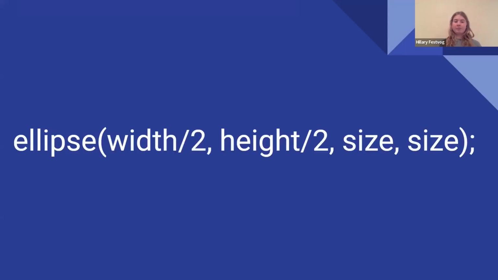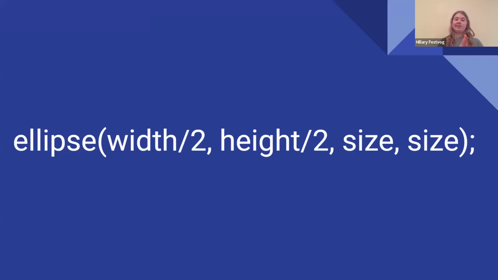Next, the ellipse. An ellipse is an oval or a circle. I like to use ellipse for all of my circular shapes, whether an oval or a circle, because it is consistent and the easiest one to remember.